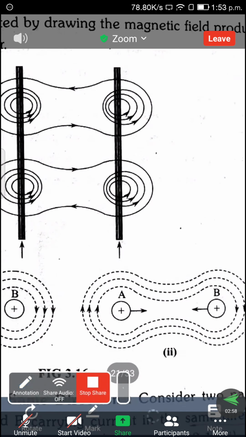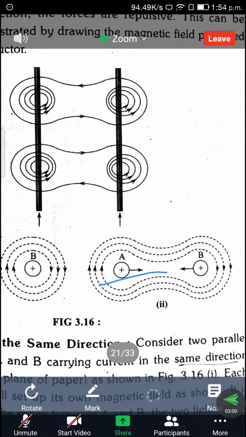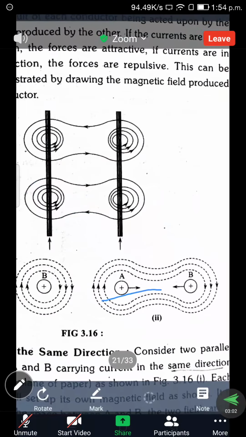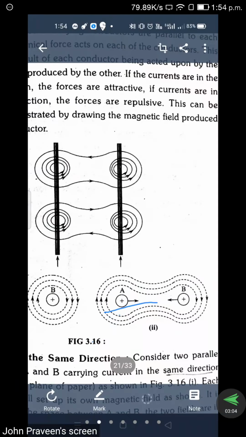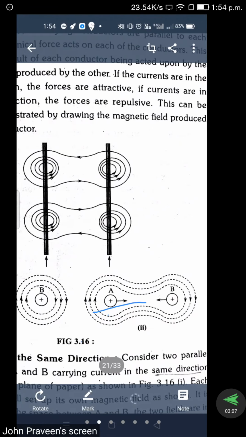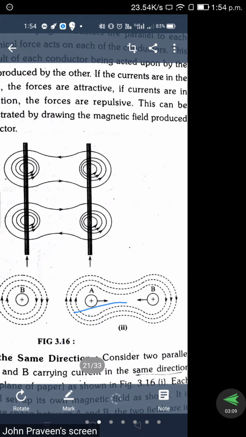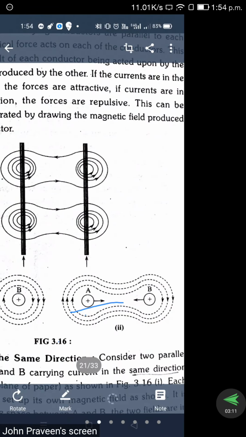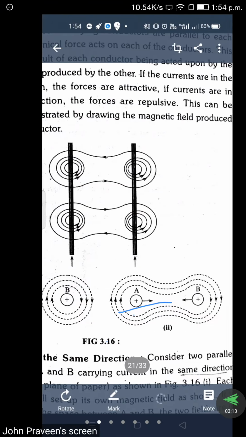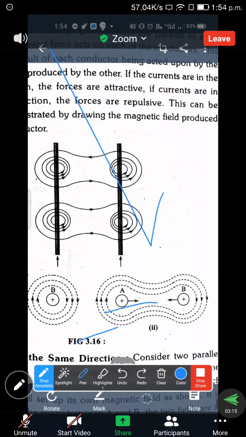So this is the final diagram we can obtain here. So this is the concept.